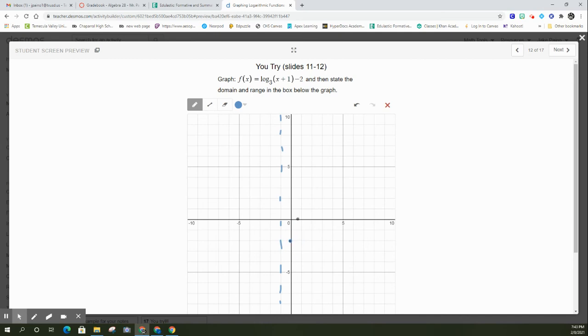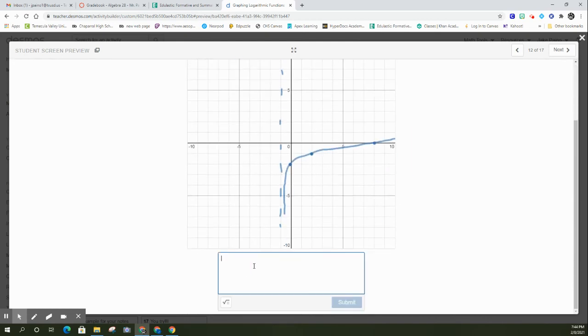So you can see our graph looks like this. Now we want to state the domain and range. So scroll down, the box is right here. Our domain is from -1 to infinity. And then our range, all real numbers.